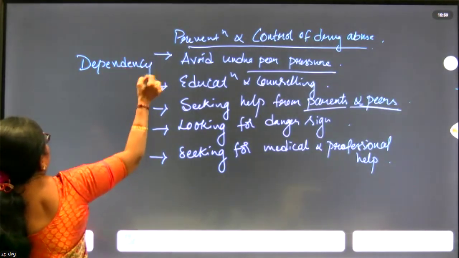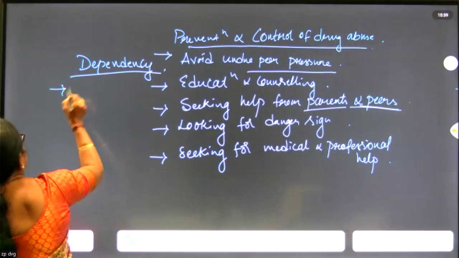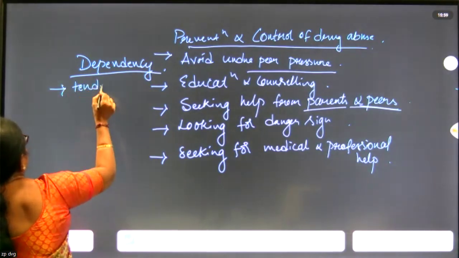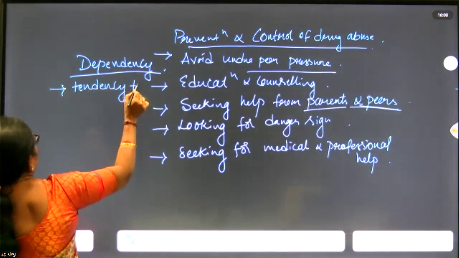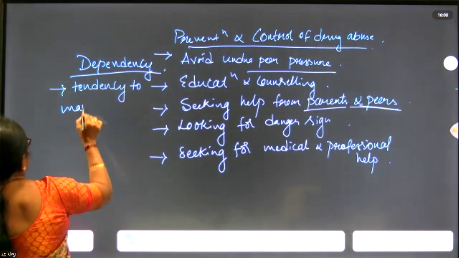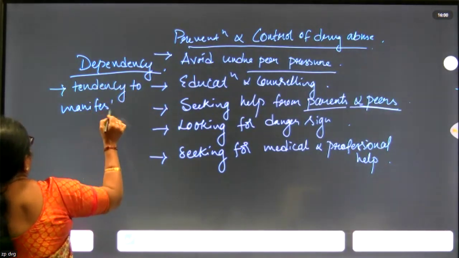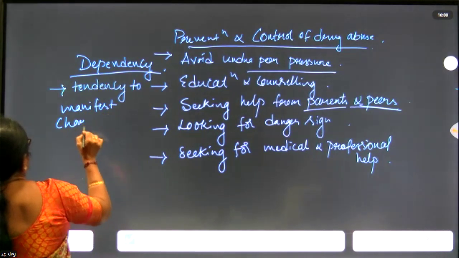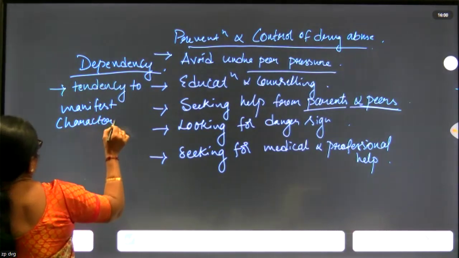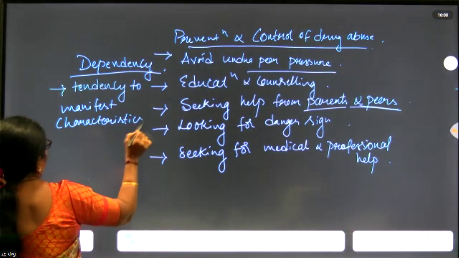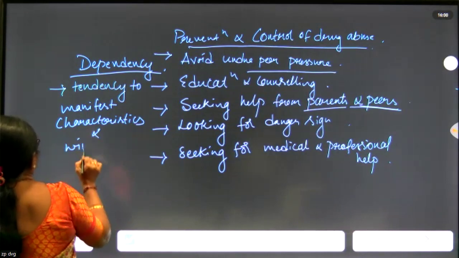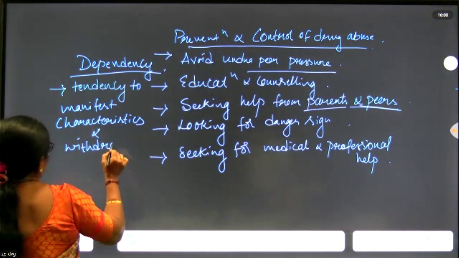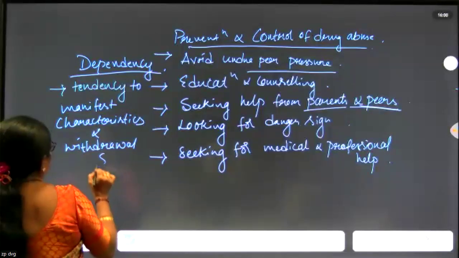Dependency is something where the body has a tendency to manifest characteristics and withdrawal syndromes.